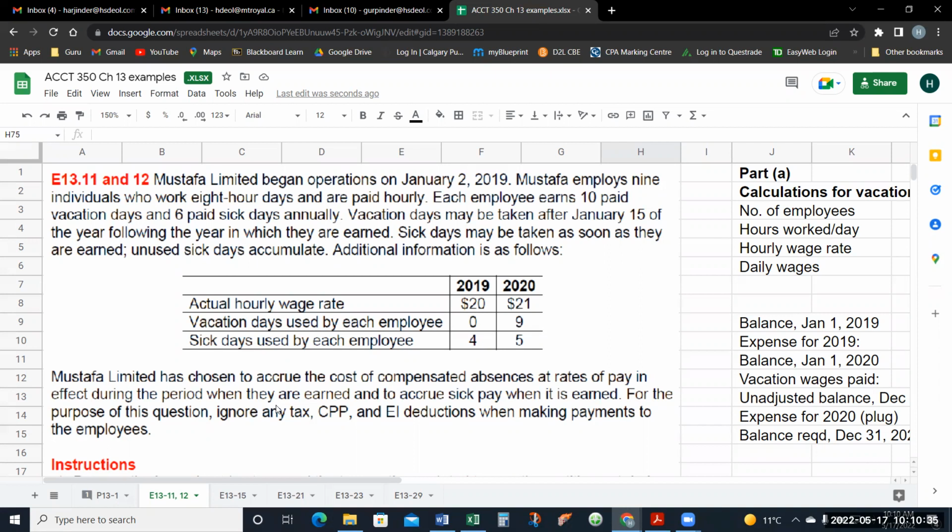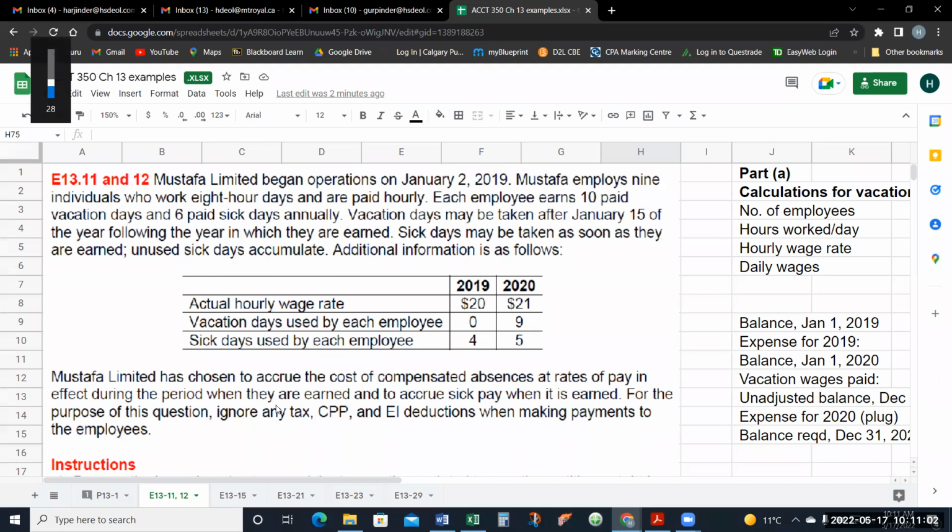Now, it is difficult for the company to predict when the employees will be taking their vacation. And sometimes, vacation days can be carried forward for a certain length of time. Sometimes they expire. Sick days would typically expire. Not all employees are going to claim their entitled number of sick days every year.